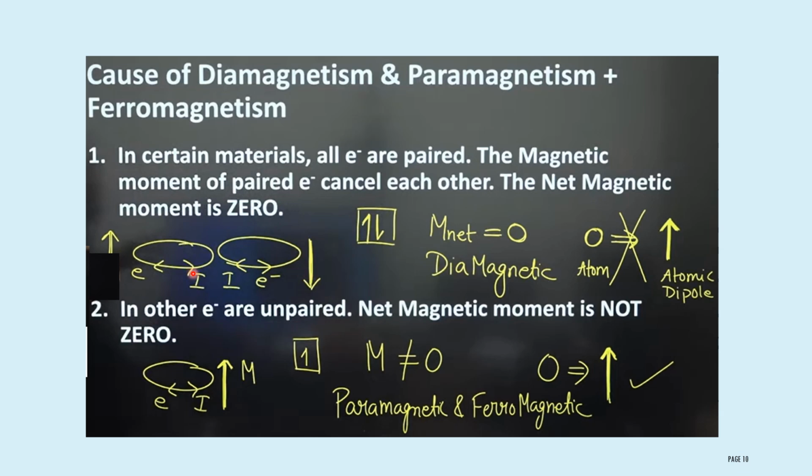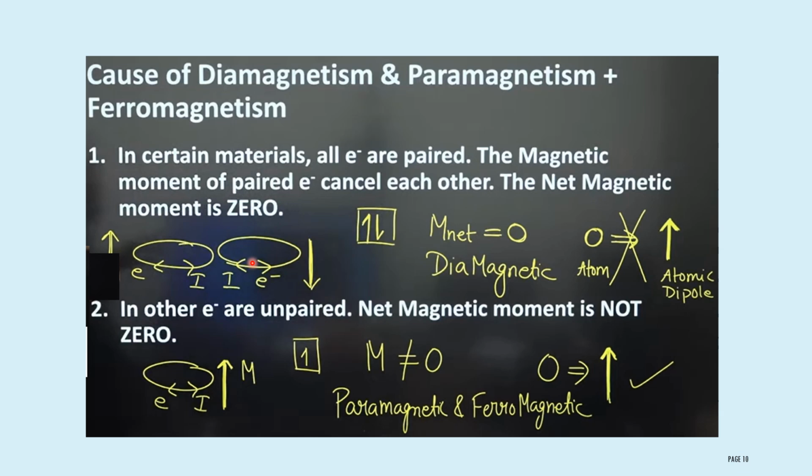In the case of paired electrons, one electron generates a magnetic moment indicated by an up arrow. Another magnetic moment is generated by the other electron, indicated by a down arrow. Here you can observe the magnetic moments generated by the two electrons are in opposite directions.